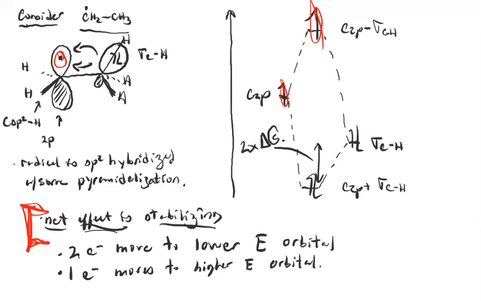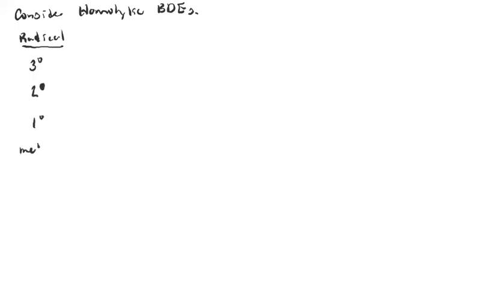All right. And so this stabilization is manifest in the homolytic bond dissociation energies. So if you consider, let's make a little table. These are our radicals: tertiary, secondary, primary, methyl. I'll draw the structure here.